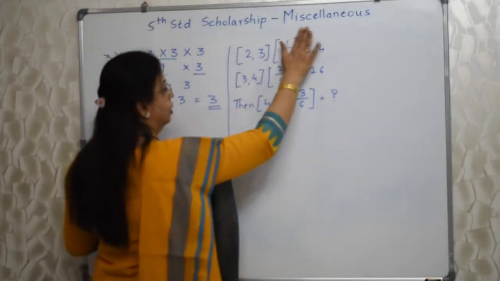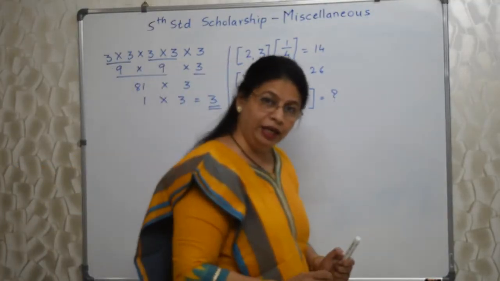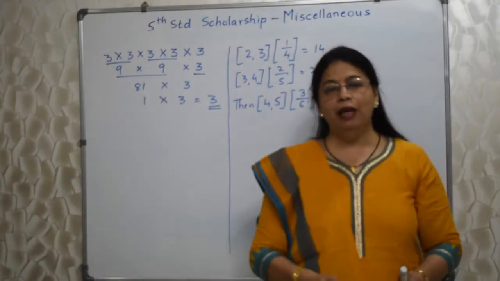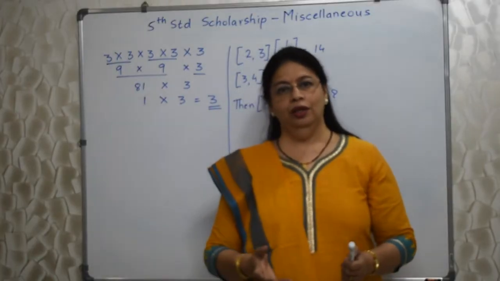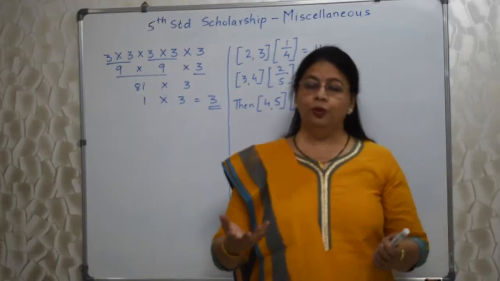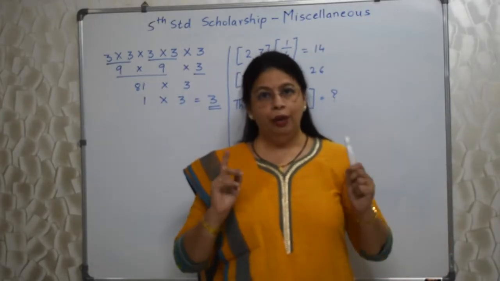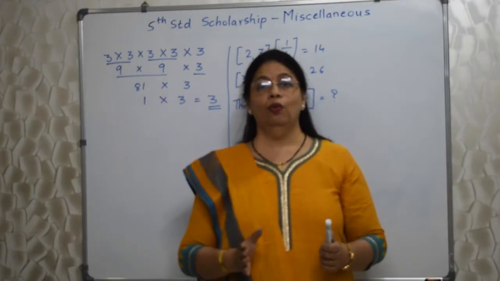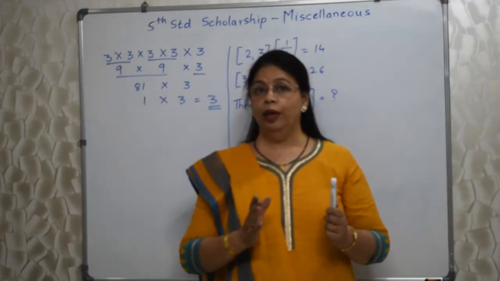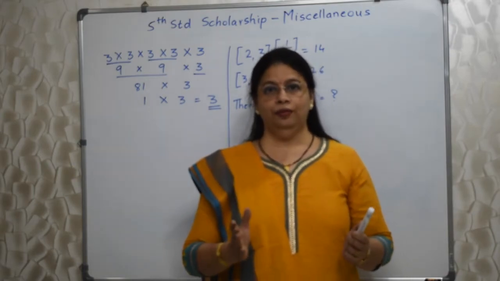This one. See students, this is going to be very easy. Basic multiplication, basic addition, nothing great. Or squares, cubes, whatever numbers you all know. Nothing extraordinary, believe me. The only thing that is going to make the difference is observation.